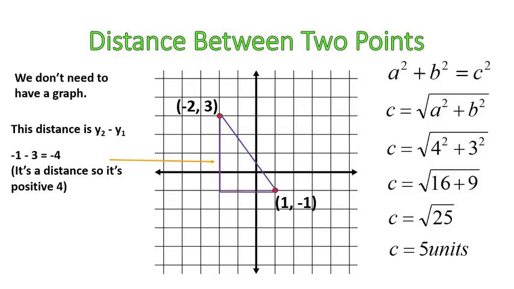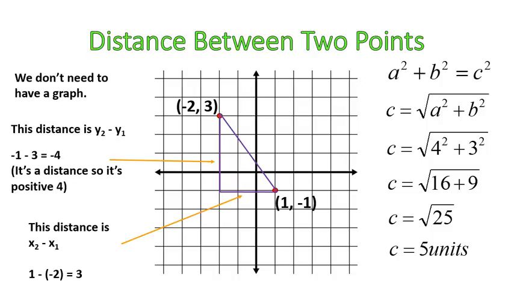So -1 minus 3 equals -4. It's a distance, it's a measurement, so we're going to make it a +4. Doesn't really matter in our equation later on, but it is a distance, so it's nice to think of it as a positive number. And we knew that before, right? We knew that that was a length of 4 units. But that's mathematically how we would find it, y2 minus y1.